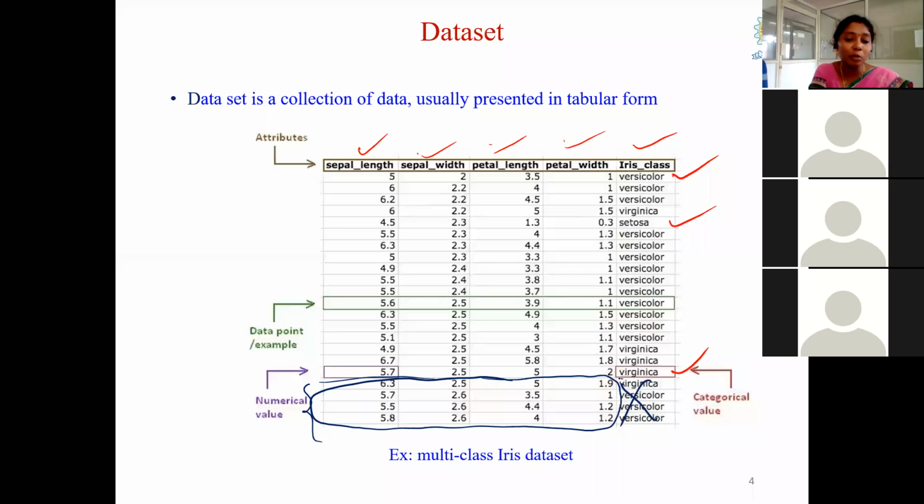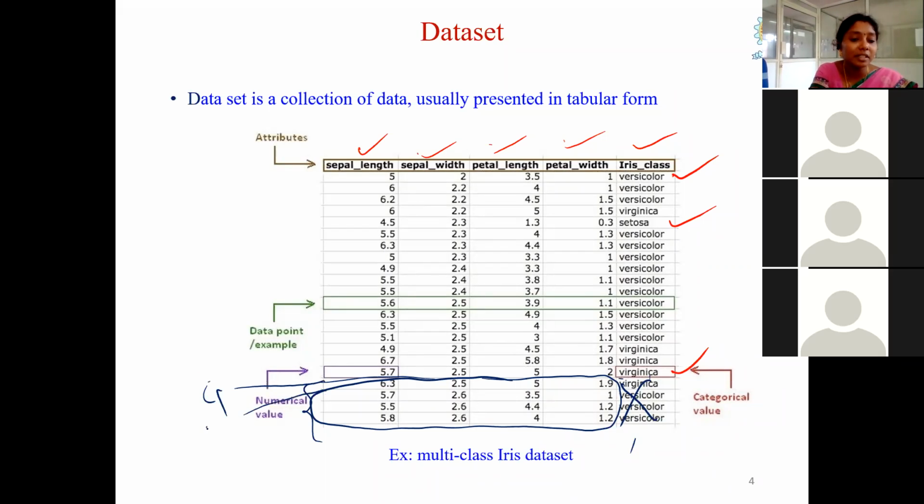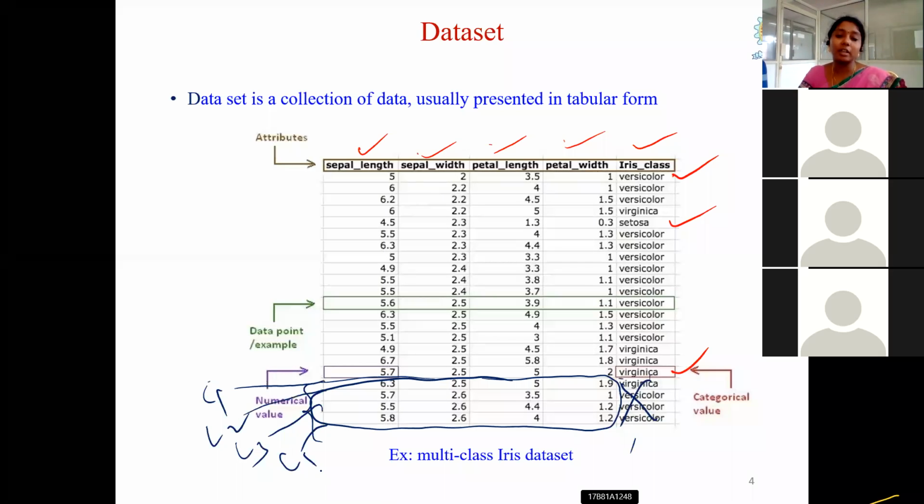Why unknown? Because we are removed the class label. That model is nothing but a classifier, and it should be able to classify each observation. For example, there are three classes: this is classified as class 1, this as class 2, this again as class 3, and this again as class 1. There are some classification results you can get.